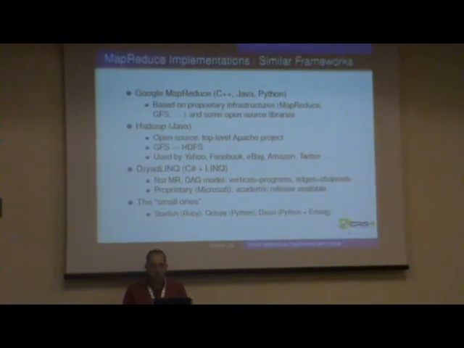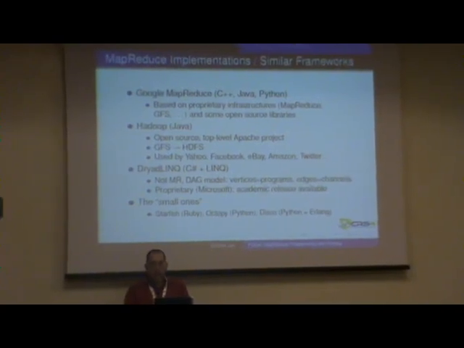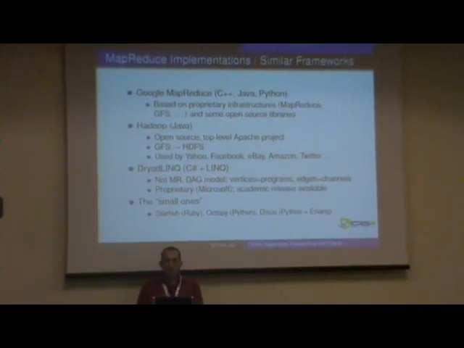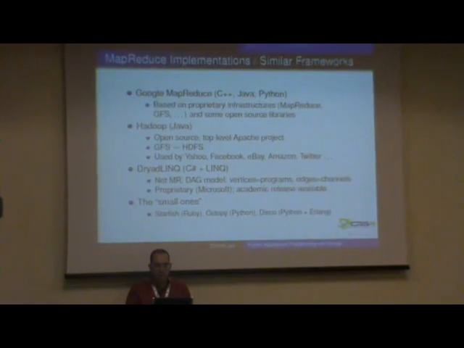So it's the biggest user, but other world-class companies are also using Hadoop for real production work, like Facebook, eBay, Amazon, Twitter, and this kind of companies. So it's by far the biggest and most important implementation of MapReduce around.